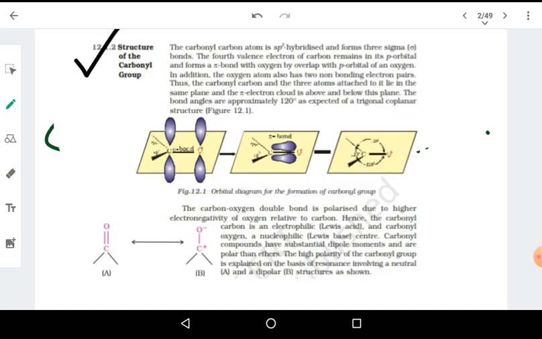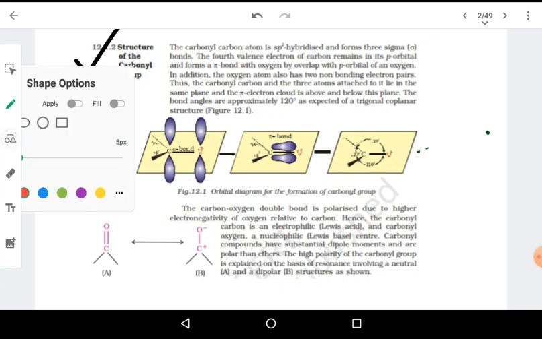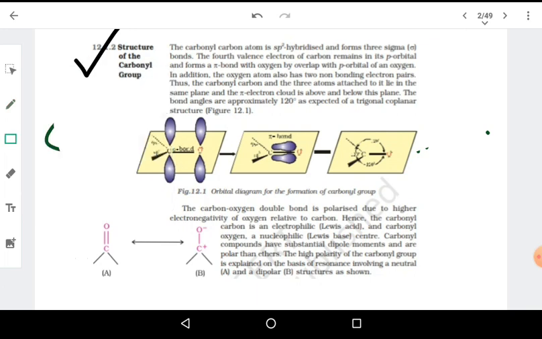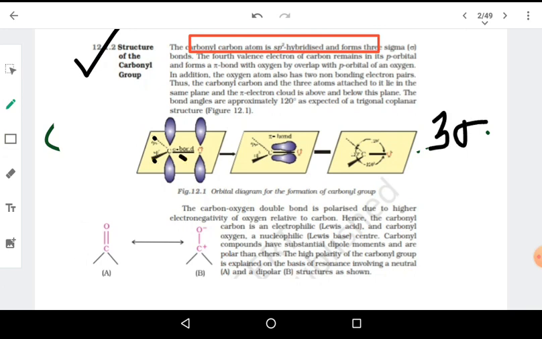First, we will study the structure of the carbonyl group. First important point is that the carbonyl carbon atom is sp2 hybridized. And how many sigma bonds are there? There are 3 sigma bonds, as you can see, 1, 2 and 3, and 1 pi bond will be formed between the carbon and oxygen atom.